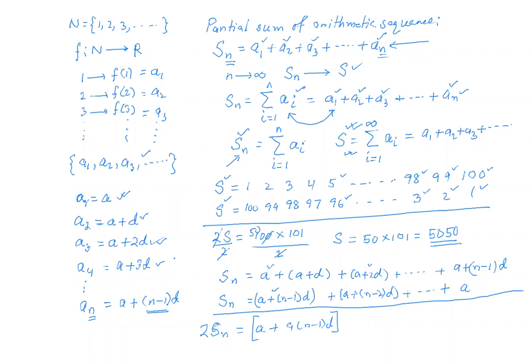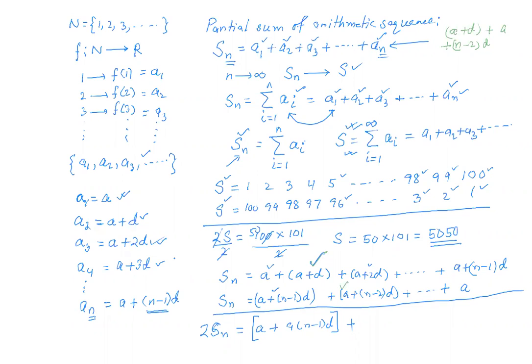The next one, which I'll do on the side, is A plus D, which is this term, added to this number, A plus n minus 2 times D. So A plus D plus A plus n minus 2D.